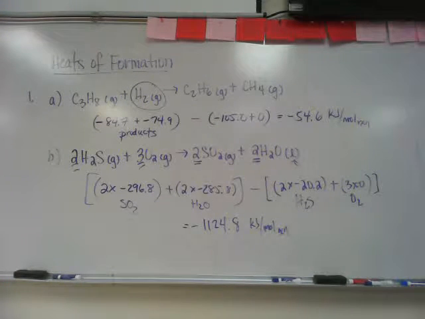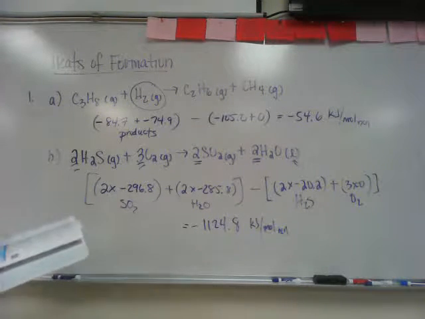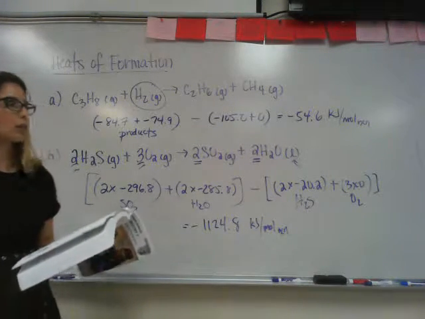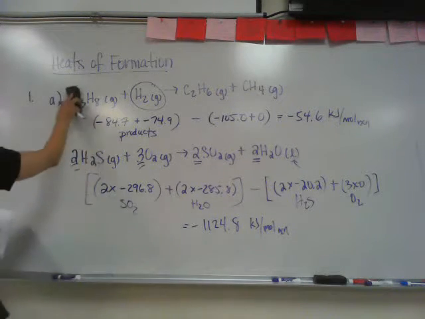Okay? Now, number 2 is slightly different. They're asking you to solve for one of the heats of formation, and you just put a variable of x in place of it.